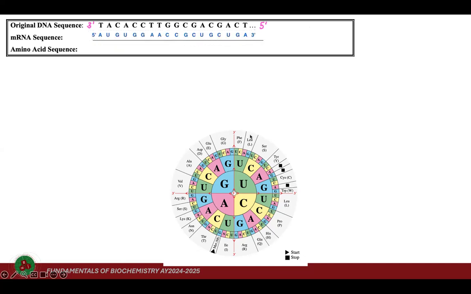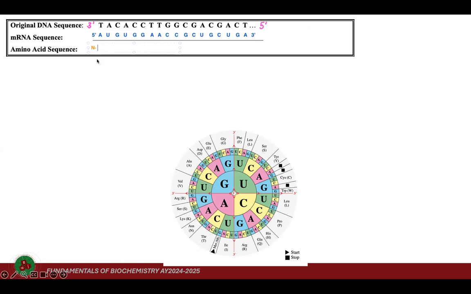And then using our codon wheel, we're going to write the amino acid sequence from the mRNA transcript. We start with, of course, the N terminal.